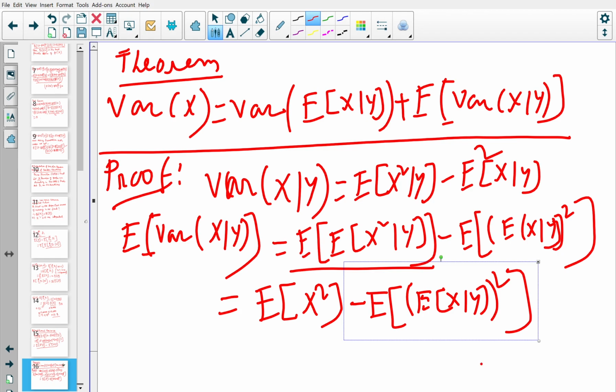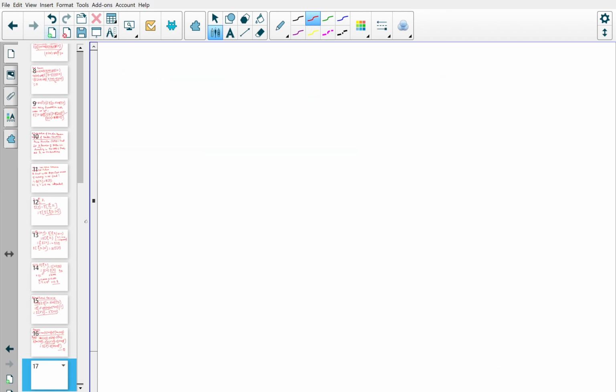Okay, so if you write this as equation 1, then you can do equation 2 the other way: first you take the expectation and then the variance. So you write down the variance. What is the variance of expectation of x given y? Okay, now by definition, you are thinking this is your random variable, this is a function of y, so it's a new random variable. So by definition this is expectation of this whole square, right?